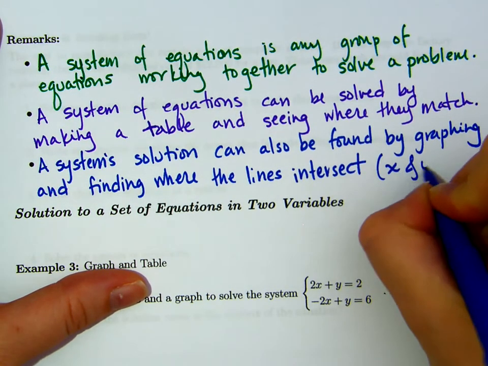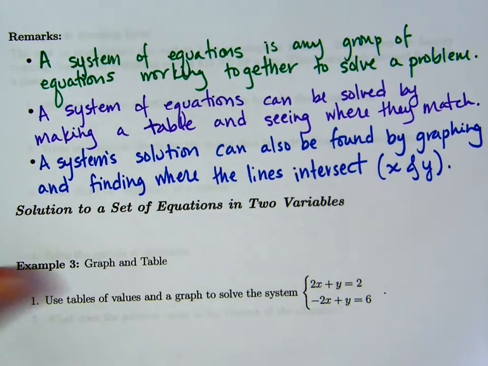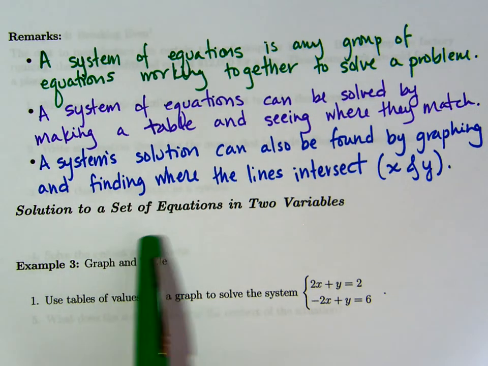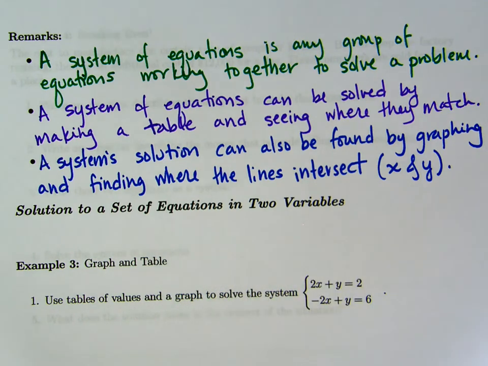Remember that that's both an X and a Y, and they have to correspond to each other. So that's when I think about a solution to a set of equations in two variables.